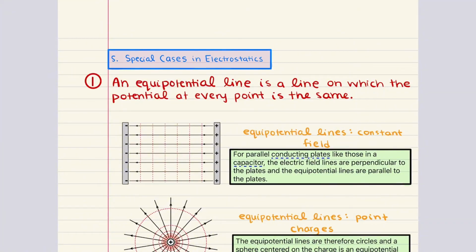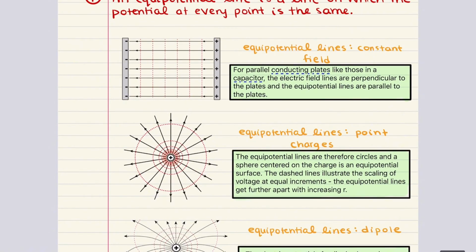Let's start with the first scenario, which is equipotential lines in a constant electric field. In systems like parallel conducting plates, such as that found in capacitors, the electric field lines run perpendicularly between the plates. In this case, the equipotential lines are parallel to the plates, meaning that any point along one of these lines has the same electric potential.